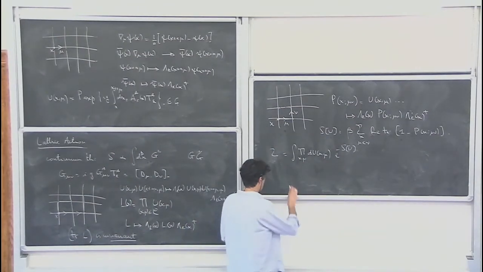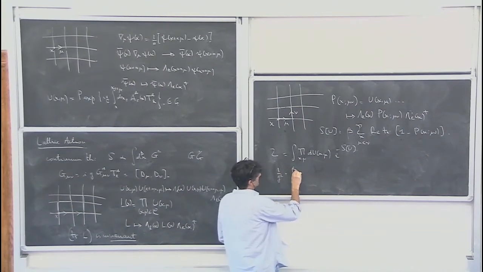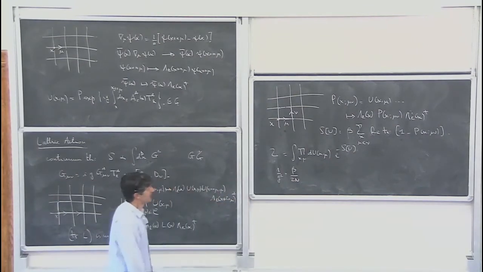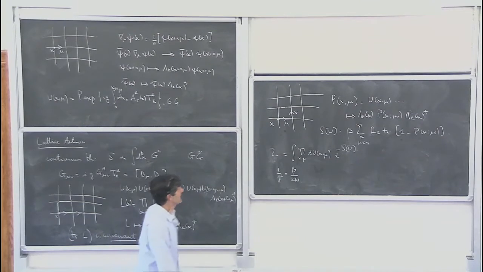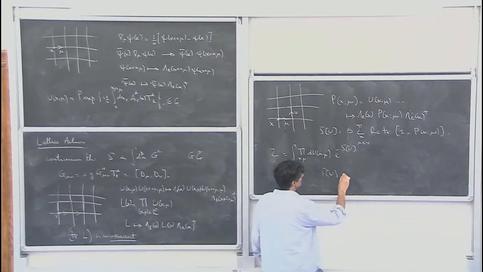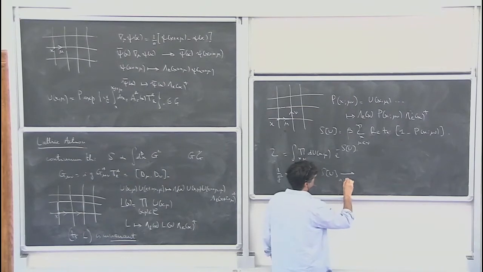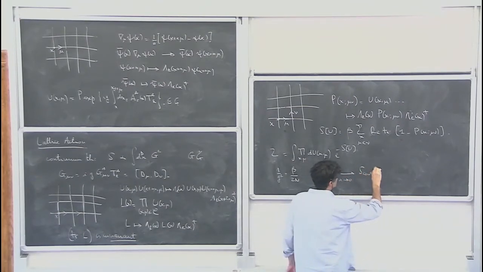If you set beta over 2N, where N is the number of colors, equal to 1 over g squared, then S of U in the naive continuum limit, where a goes to 0, tends to the continuum action.